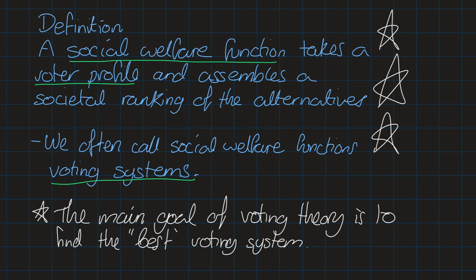But exactly what I mean by best is not clear. Like the most fair, the most representative, the easiest to understand. There are so many different interpretations of the word best, which we're going to examine in later videos. Okay, but voting theory can pretty much be summed up into trying to find the best voting system.